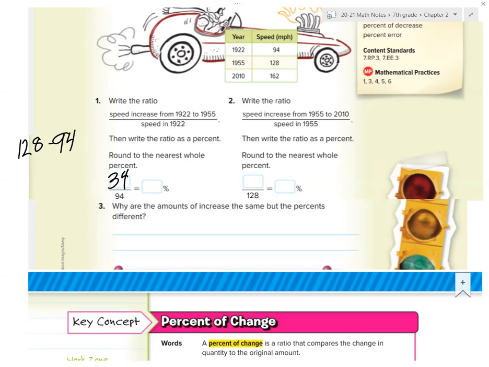What did we get? Some of you got different answers, so I'm not trusting you guys. It's 36%.